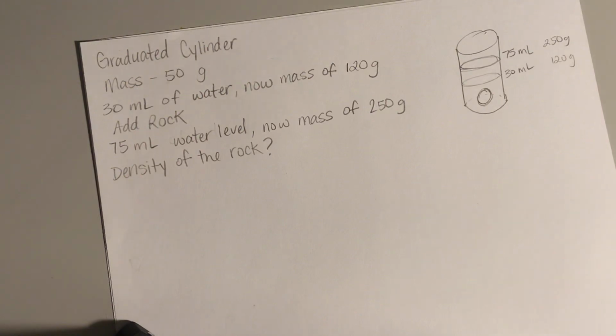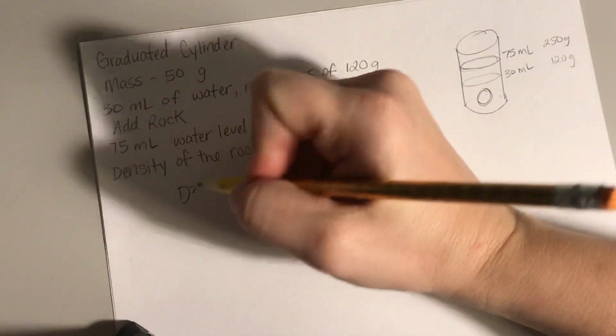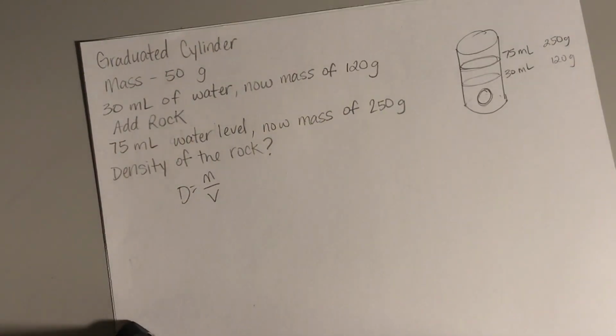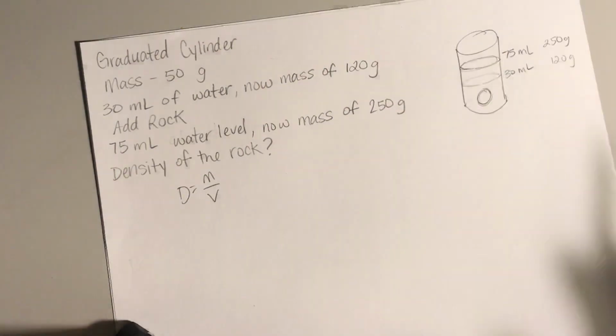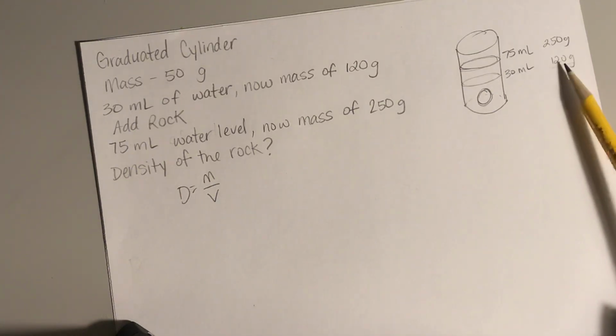All right, so what is the density of the rock? To know the density, we need to know the mass of the rock and divide it by the volume of the rock. Okay, so when it's just the water, it was 120 grams.